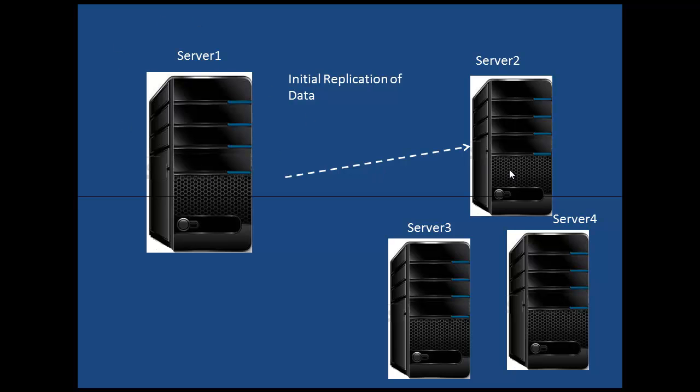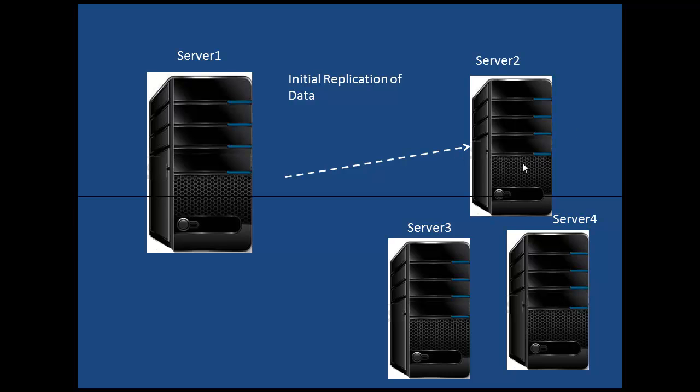One would think that server 2, having received a copy of the files on server 1, would then simply take that data and synchronize it with server 3 and server 4, where there are also copies of that share. But it doesn't work like that. Server 2 has to go through a process.